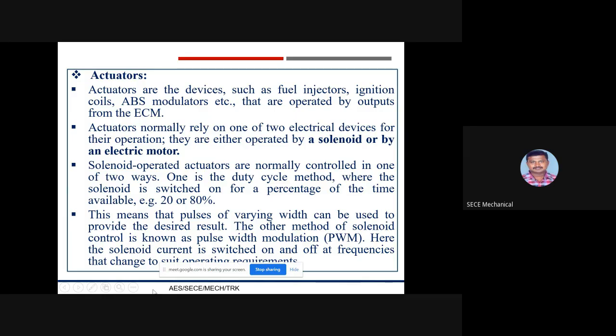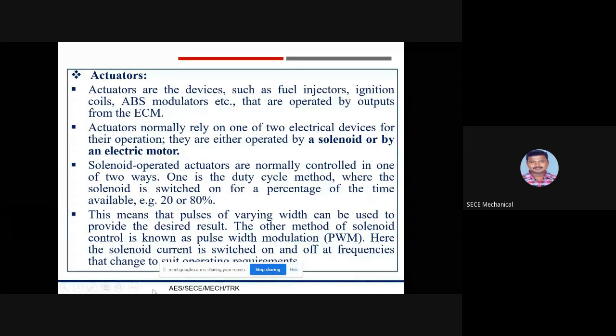So the actuators are an essential part of the electronic control system in most passenger cars and all automotive or commercial vehicles. The job of the actuator is to convert the electrical signals from the control unit.